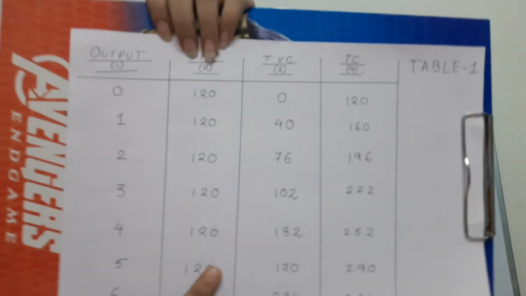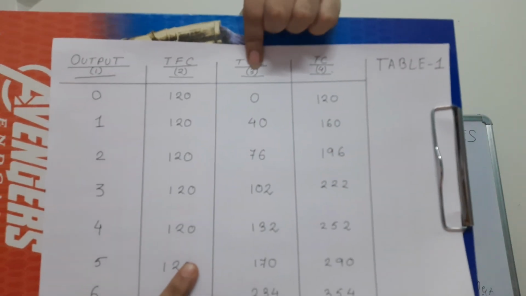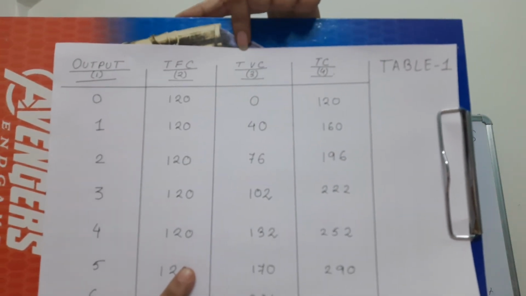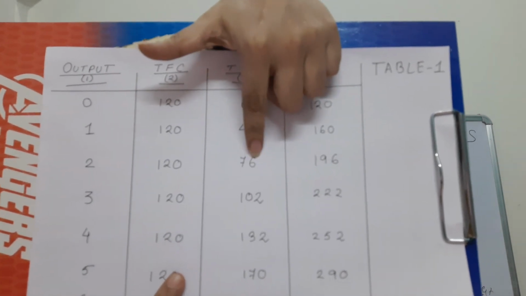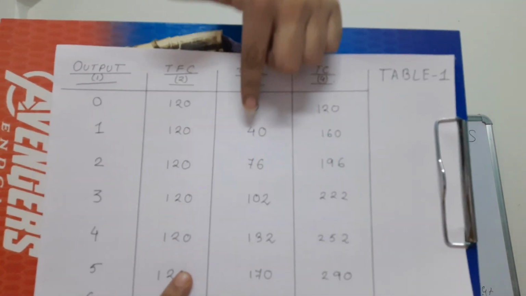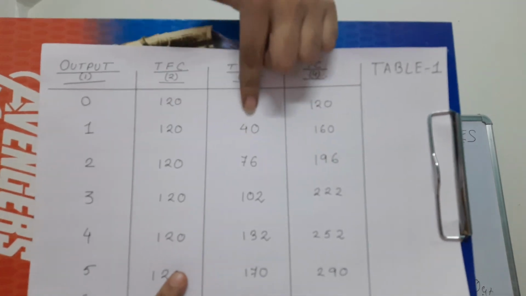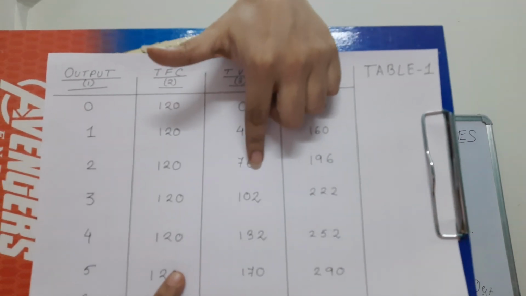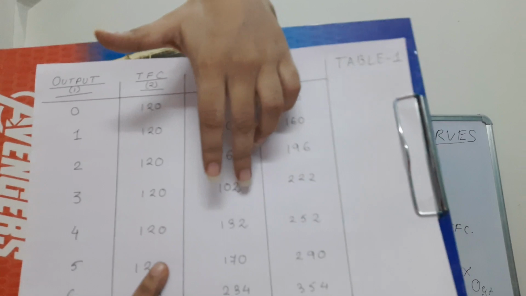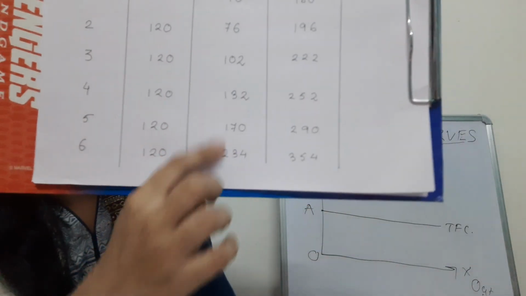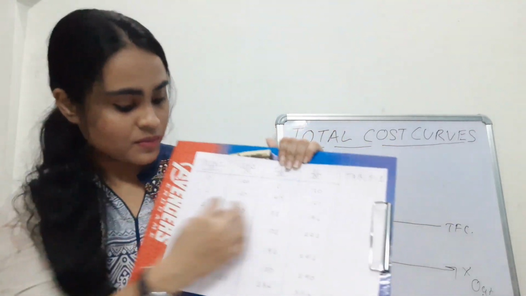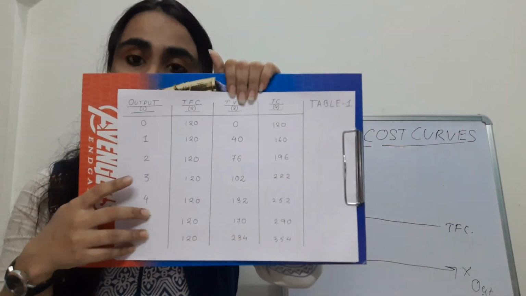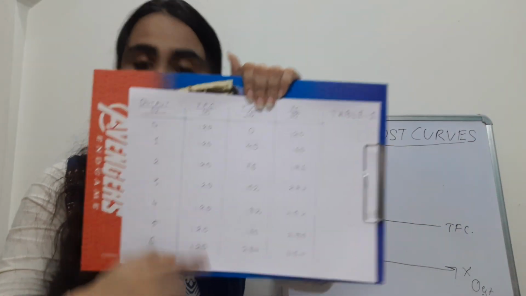If we look at this column very carefully, we can see that total variable cost is increasing at a decreasing rate, like 76 minus 40, but after the third unit it is increasing at an increasing rate. It is throughout increasing, but firstly up to a certain level of units it is increasing at a decreasing rate, and after that it is increasing at an increasing rate.